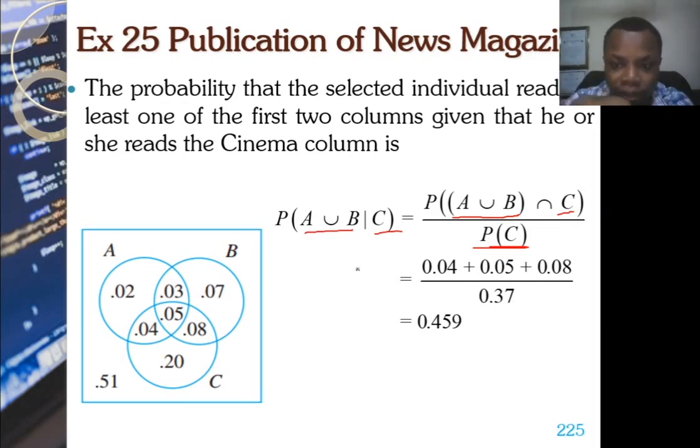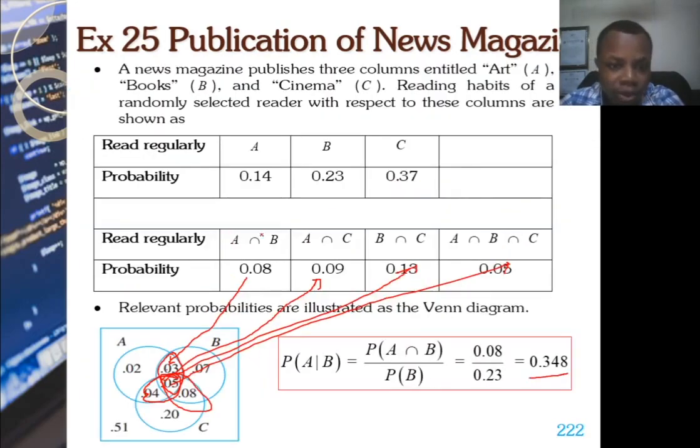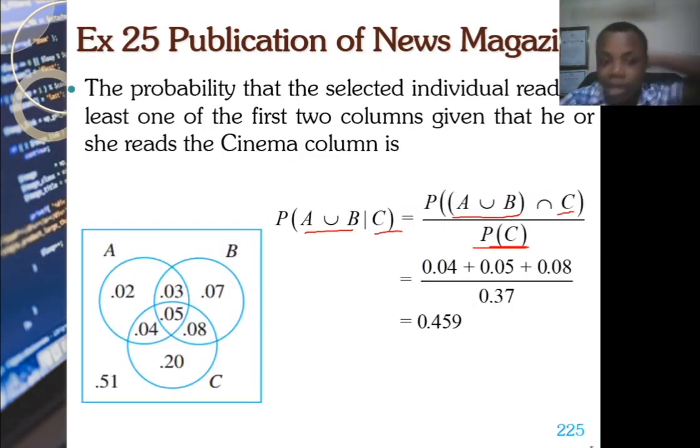Then finally we have the next one all over 0.137. And remember from our table we're given probability of C to be equal to 0.17. So that is why we have this as that.